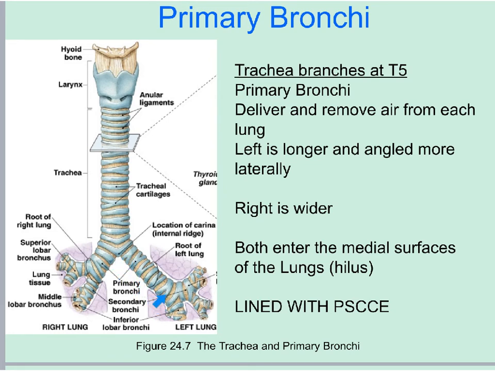You can see them beginning to disappear in the primary bronchi, but as we get closer to the gas exchange surface, those hyaline cartilage rings will eventually disappear, and I'll remind you of why that is a little bit later. The function of the primary bronchi is to deliver and remove air from each lung. So this would be the left lung, and the right lung would be over on this side.